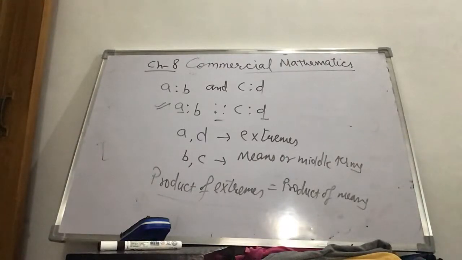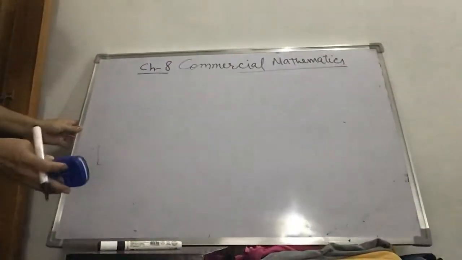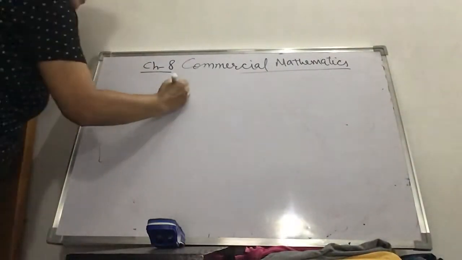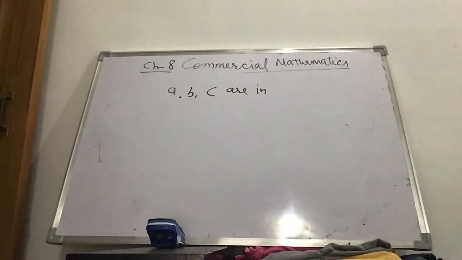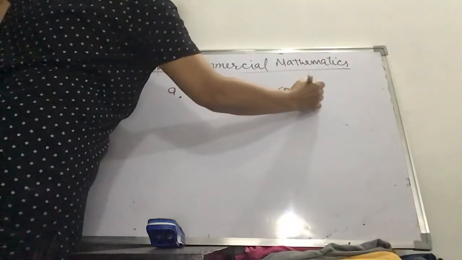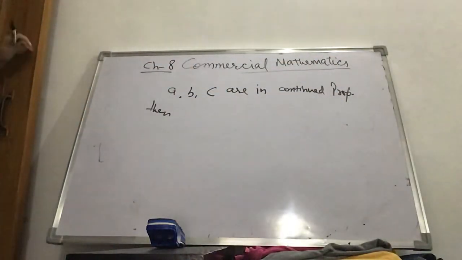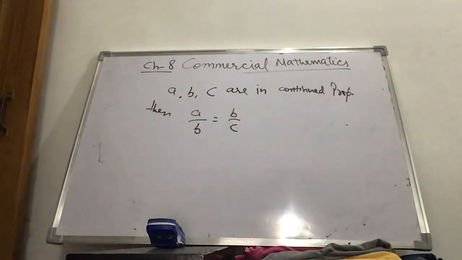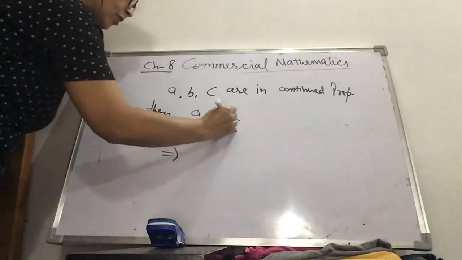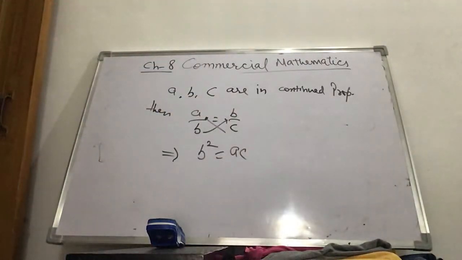When the terms A, B and C are in continued proportion, then we can say that A upon B is equal to B upon C. If we cross multiply, B into B, we get B square is equal to AC, A into C means AC.